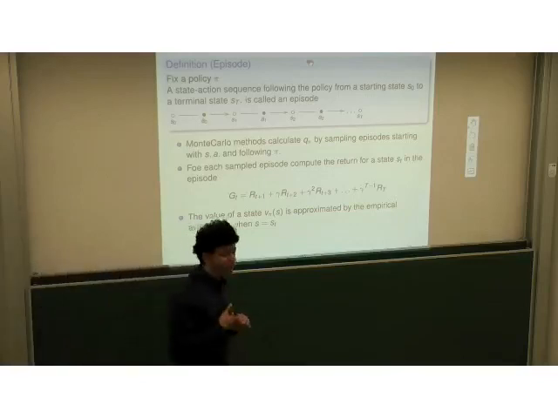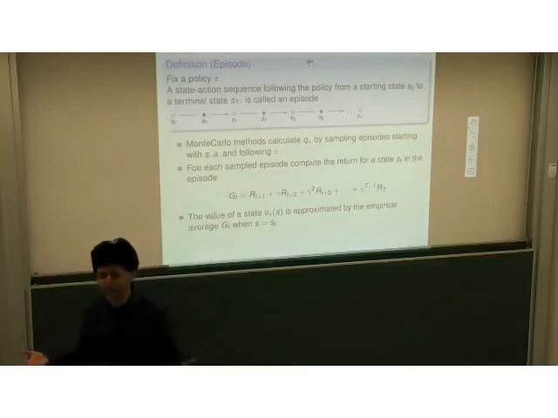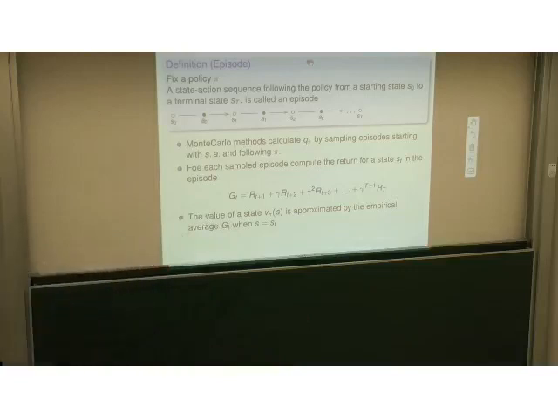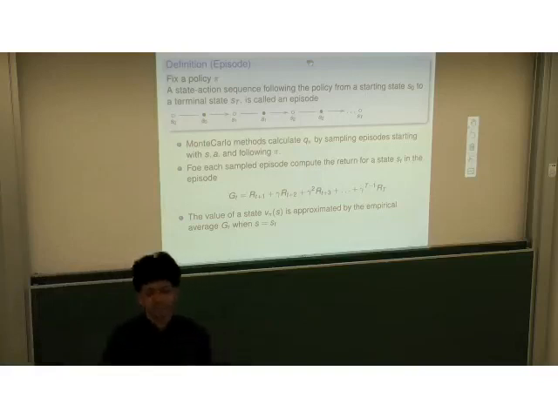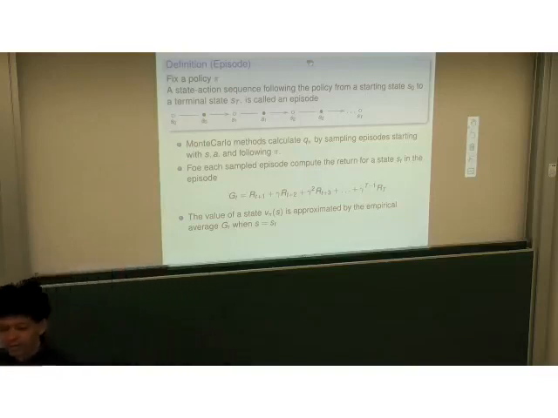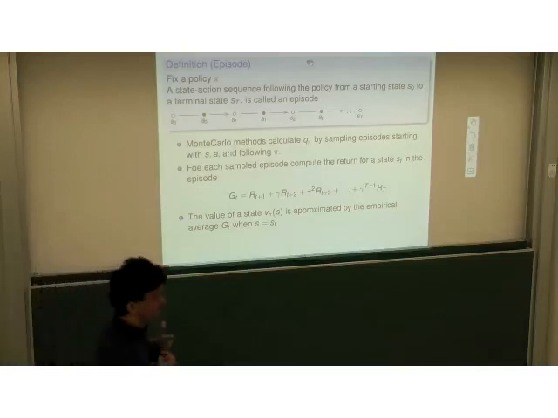And what you do is you sample an episode. You go out and experience. You play the game of blackjack till you reach the terminal state, where you either win or lose or it's a draw, and you collect the reward during this one episode.